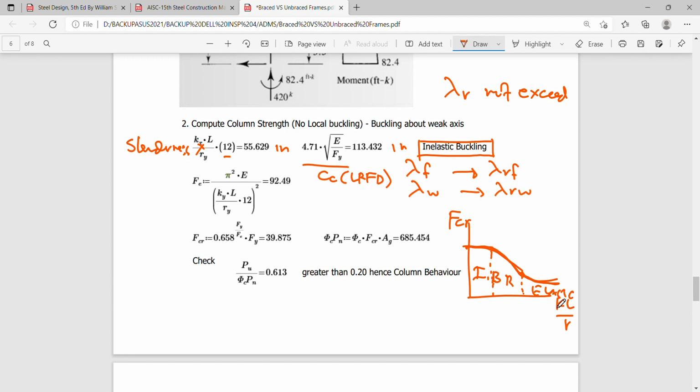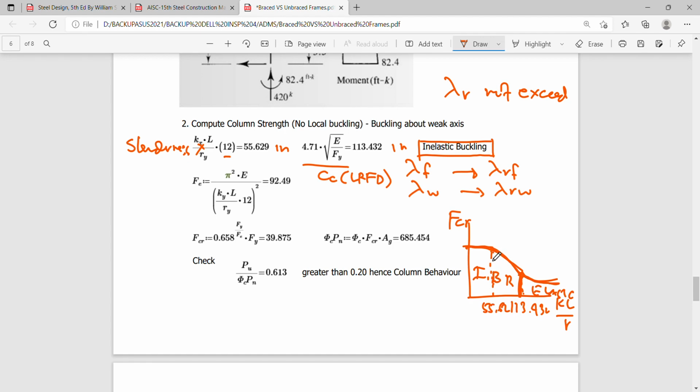The separation between the two is simply this, 113.432. So we fell somewhere in 55.629 here.